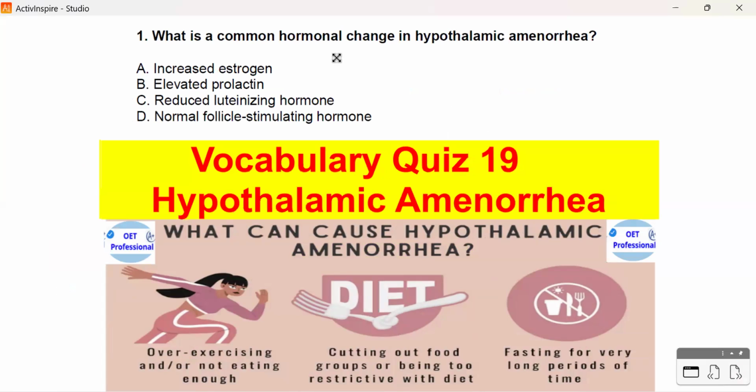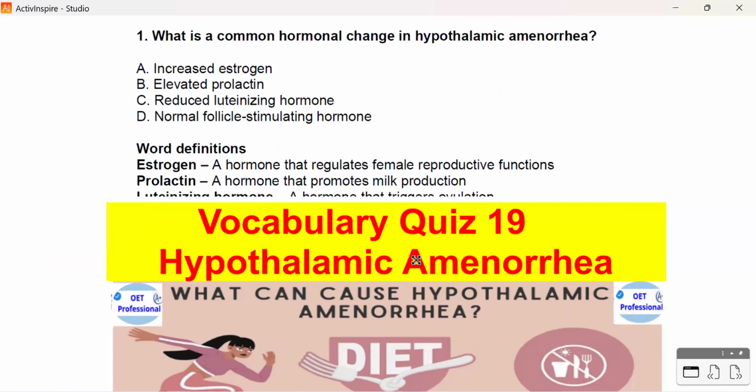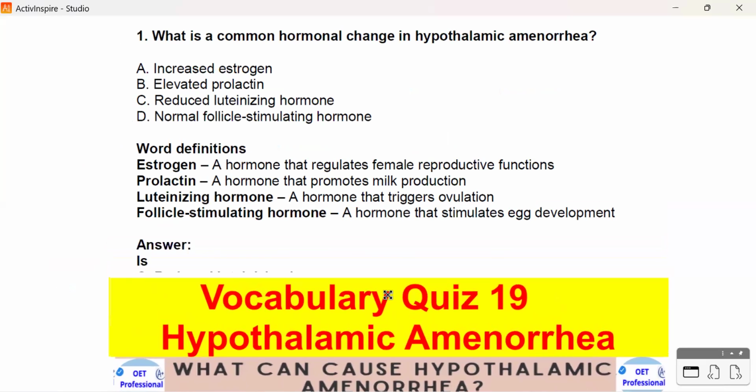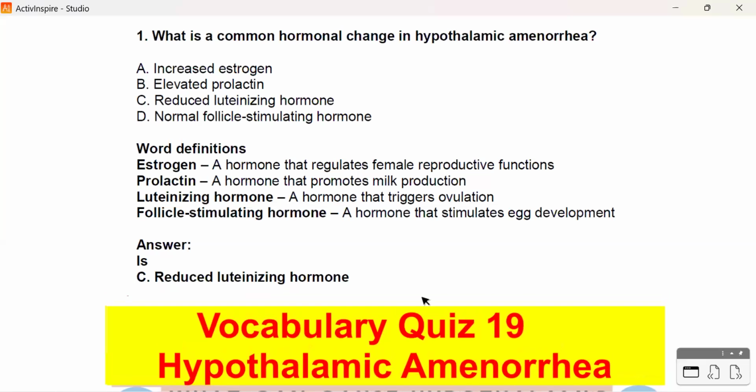What is a common hormonal change in hypothalamic amenorrhea? Increased estrogen, elevated prolactin, reduced luteinizing hormone, normal follicle stimulating hormone. The correct answer is reduced luteinizing hormone, a hormone that triggers ovulation.